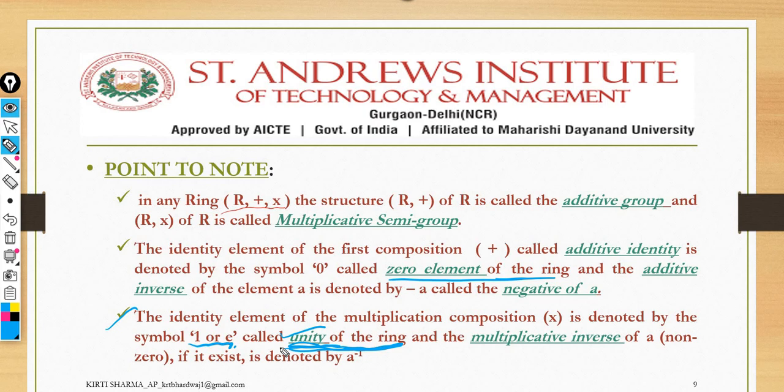So it is important to clear up the meaning of unity. Of course unity represents 1, and 1 is the identity element in the multiplication operation. So if we are applying the multiplication operation in any set, then the identity element is 1, and it is known as the unity of the ring.